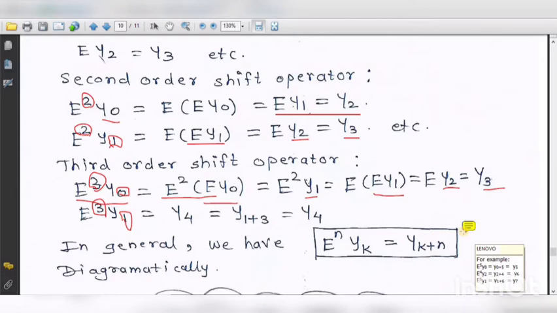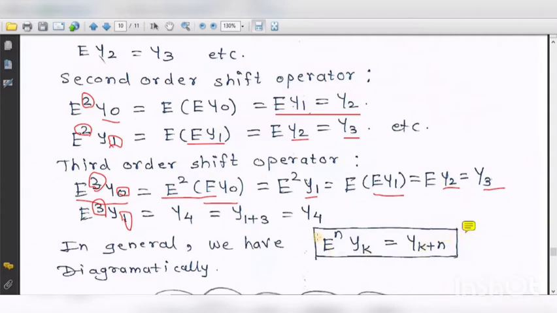Next one is E raised to 4 y2. Here the power is 4 and the suffix is 2, so it is 2 plus 4, and the answer is y6. Similarly, the third one, E raised to 6 y1, we get y(1+6), which is y7.